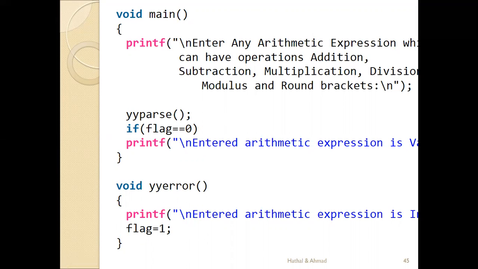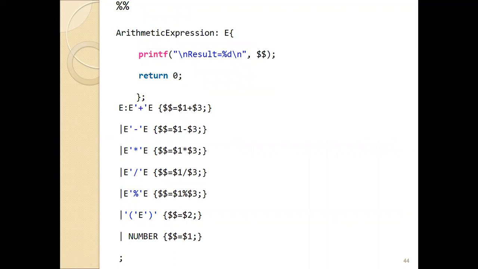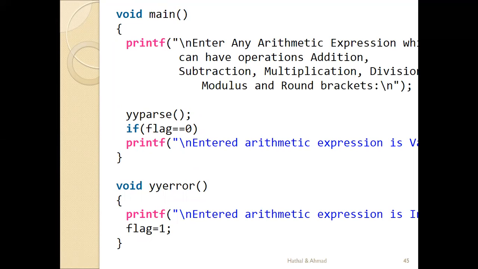When the yyparse function is invoked, the functionality of the Yacc parser is invoked. It uses the set of rules specified in the rules section. If the given input matches the rules, the corresponding expression is evaluated and the result is returned.